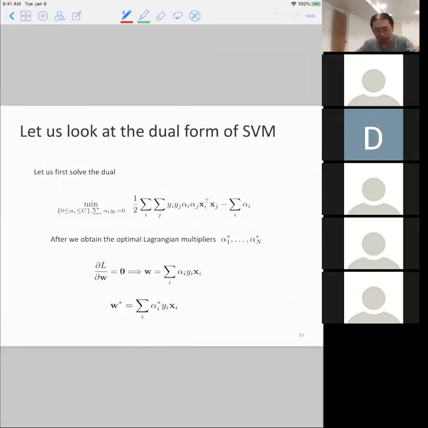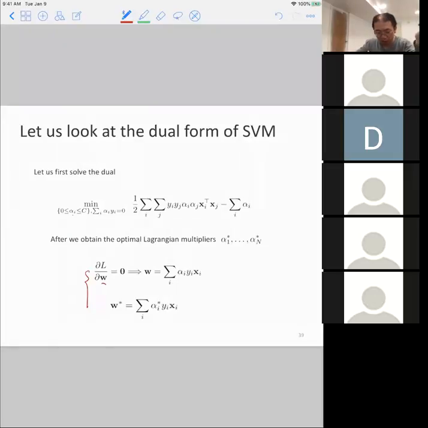So remember when we solve the inner minimization of the dual form, namely, fix alpha and beta, and we minimize the Lagrange function with respect to W and B. We take the gradient of the Lagrange function with respect to W to be 0, right?